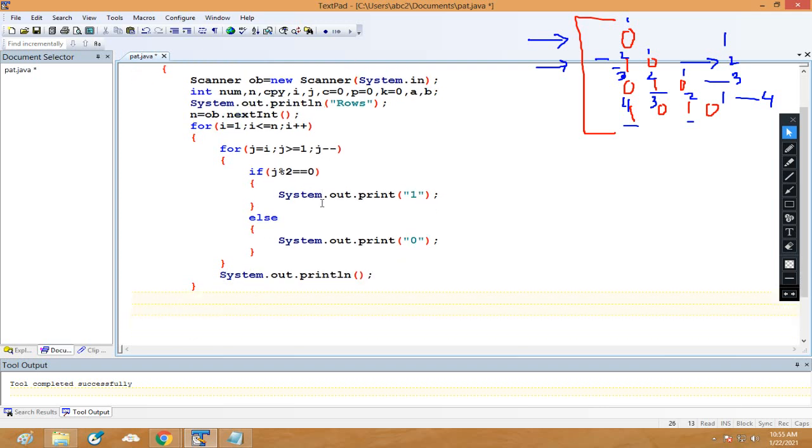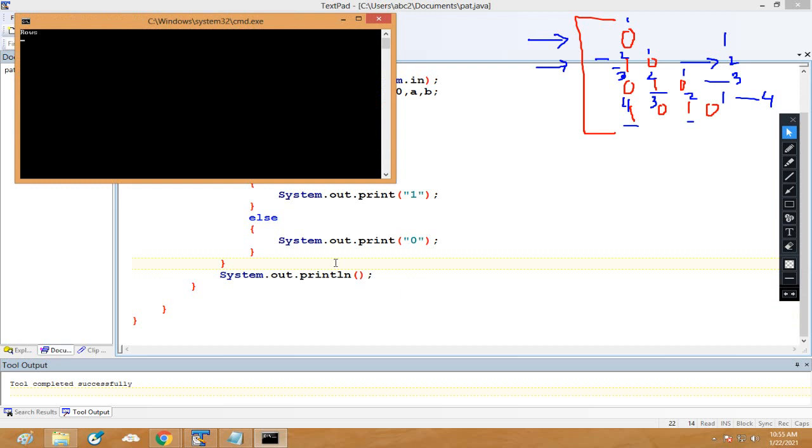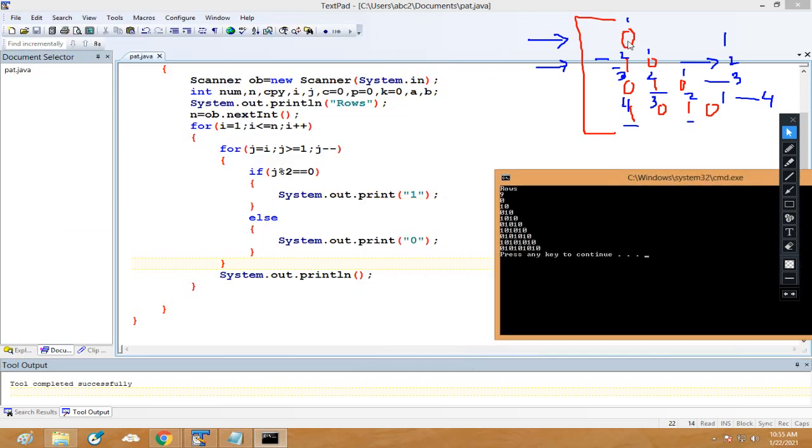Now let me show you the output. Here I have entered 9 rows. Starting from 1, which is odd, this part won't execute directly, the else will execute, so you are getting 0, and we want 0 only.